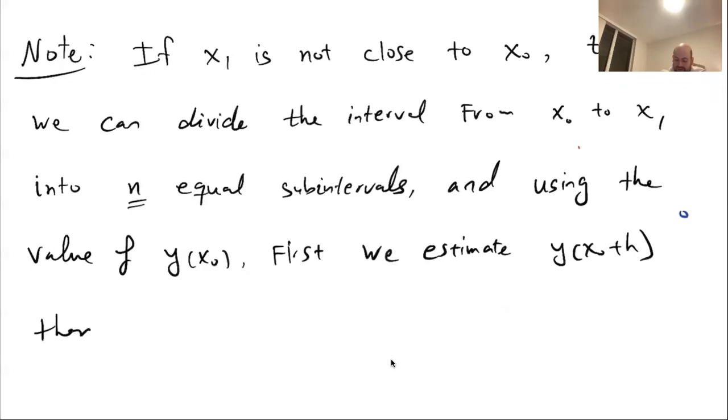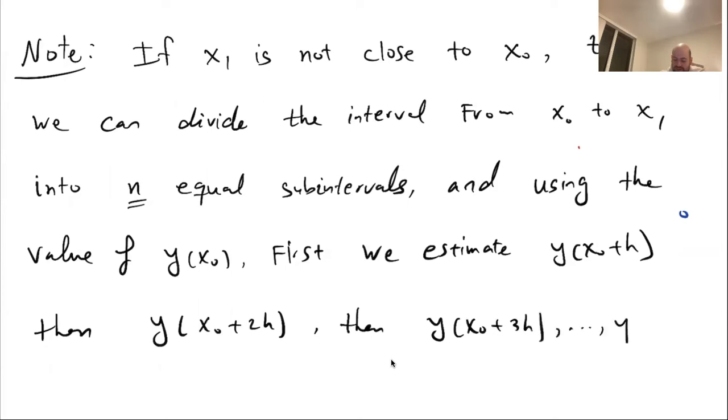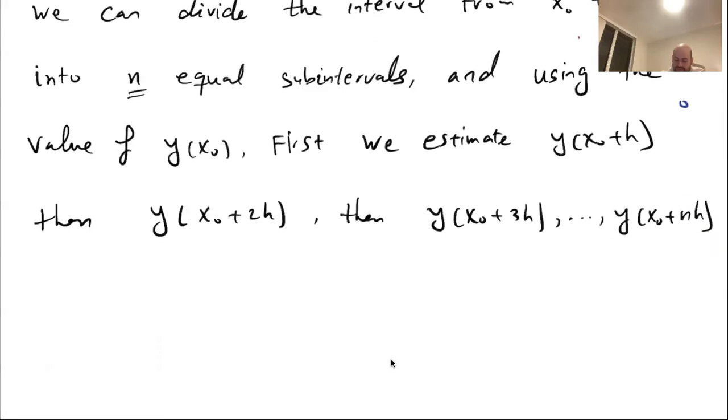Then y of x naught plus 2h, then y of x naught plus 3h, all the way to y of x naught plus nh. Here, h is x1 minus x0 divided by n.